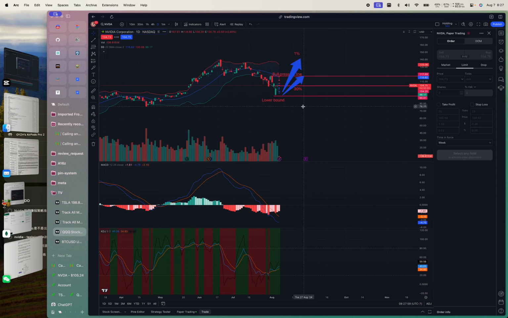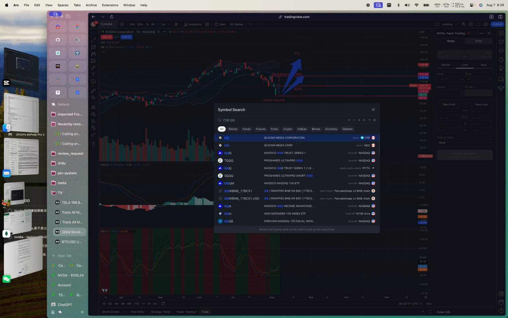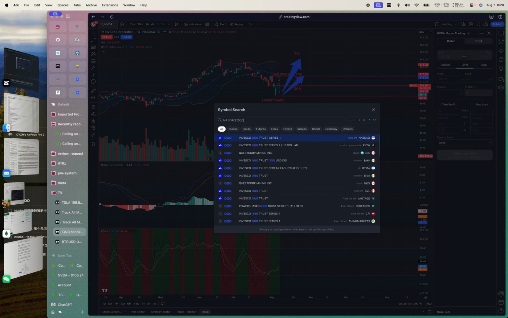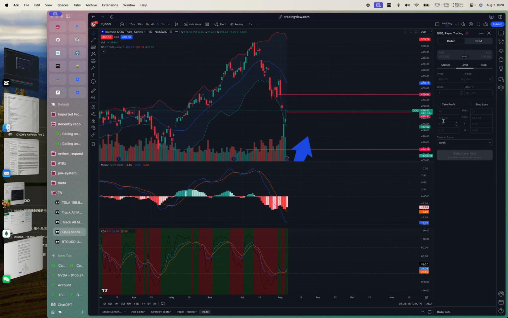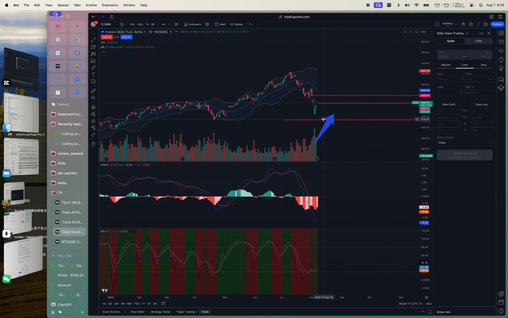So I think this week is very important for the entire U.S. stock market. Personally, I think it's the most important week maybe in this year. The reason is it will determine whether the Nasdaq is going to jump out of the bearish trend.